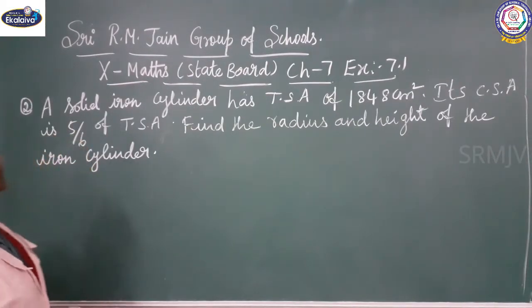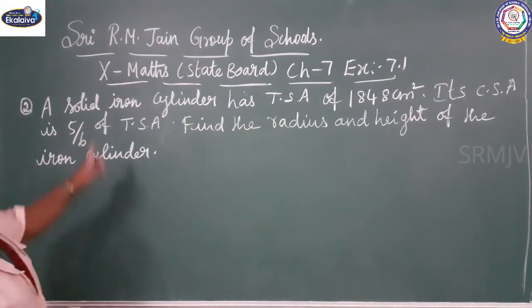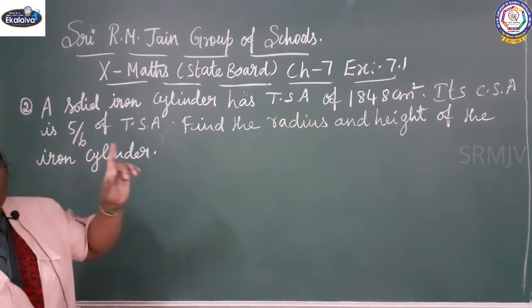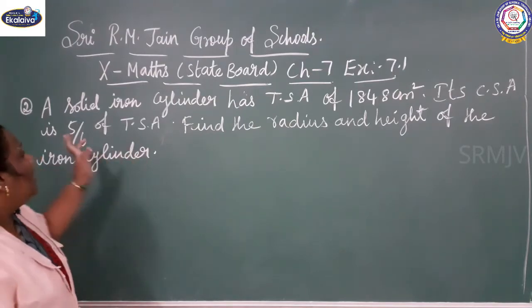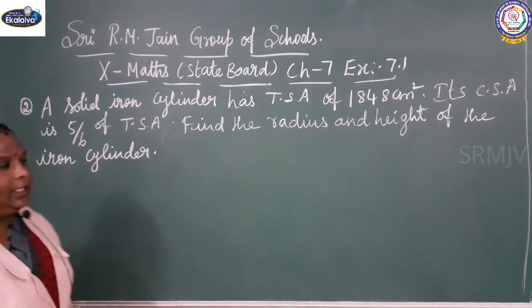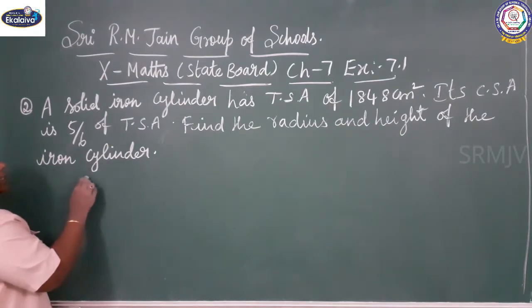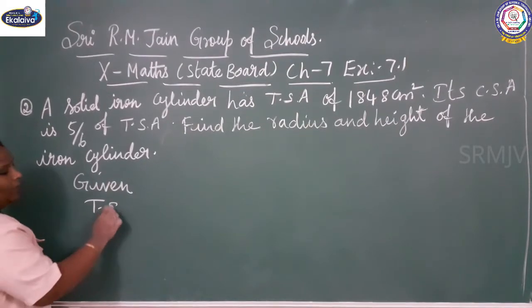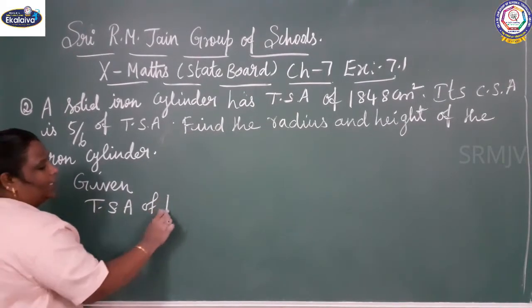See the second sum. A solid iron cylinder has total surface area 1848 centimeter square, and curved surface area is 5 by 6 of the total surface area. See what is given.